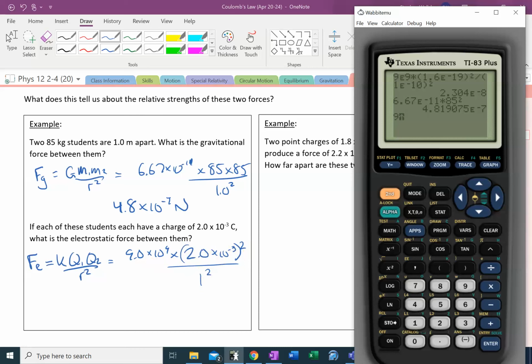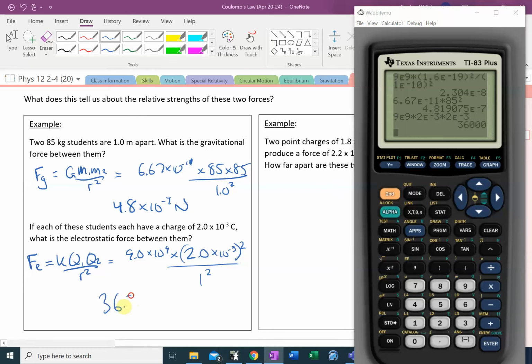So let's check this out. 9 times 10 to the 9 times 2 times 10 to the minus 3 times 2 times 10 to the minus 3. And let's see what we get.